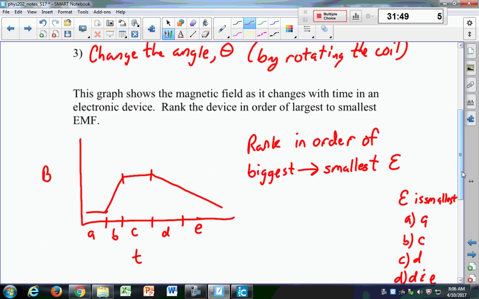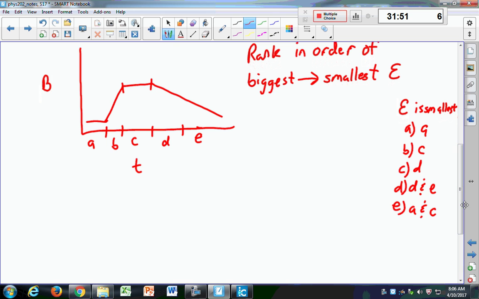Where is the magnetic flux the smallest? Or I'm sorry, where is the EMF the smallest in this figure, with the magnetic field changing as shown?